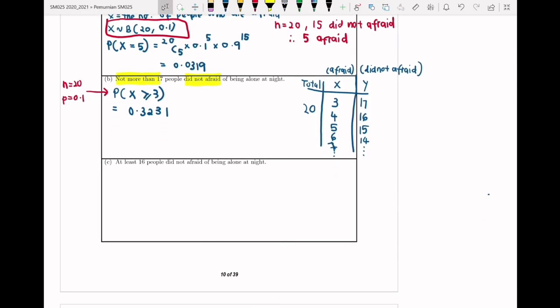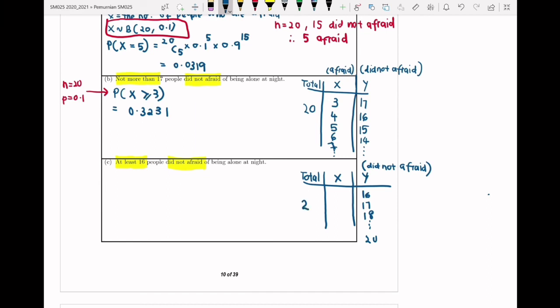Next, question C. At least 16 people did not afraid of being alone at night. Again, the total number of people is 20. The number of people who did not afraid is at least 16. That means the minimum number is 16. So 16, 17, 18, up until 20.